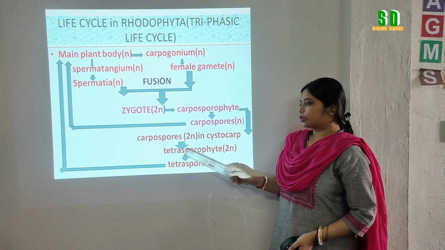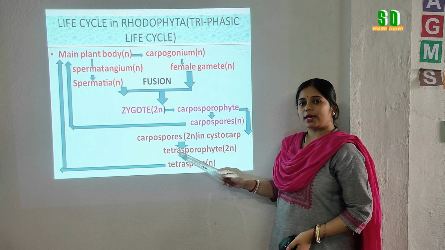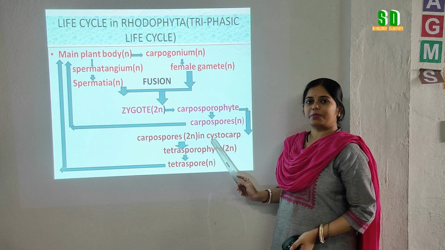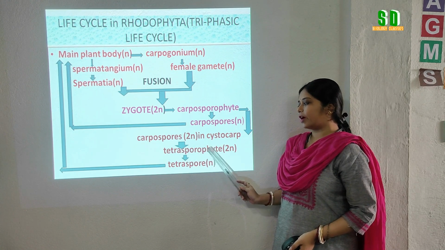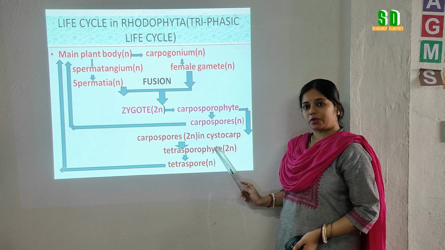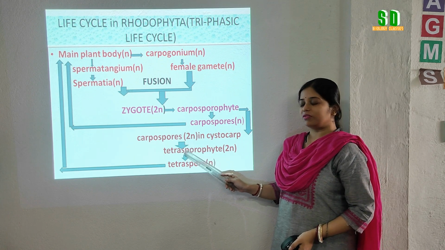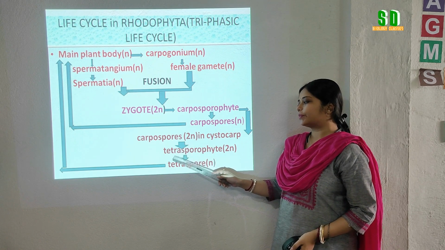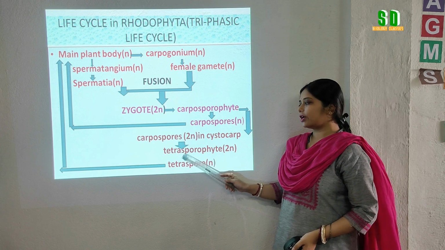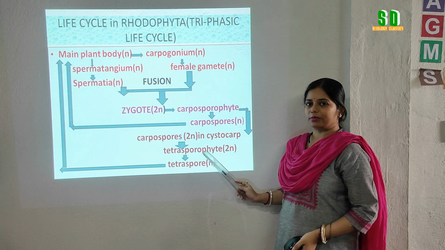Now the carpospores give rise to a specific plant body that is known as the tetrasporophytic plant body. Why tetrasporophytic plant body? Because each and every cell of this plant body is diploid in nature, and each cell undergoes meiosis cell division and gives rise to haploid tetraspores. That's why this type of plant body is called the tetrasporophytic plant body.